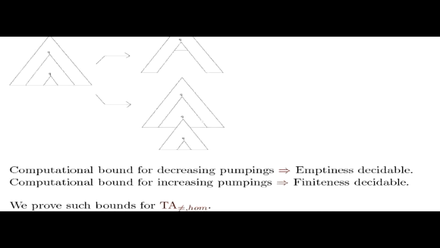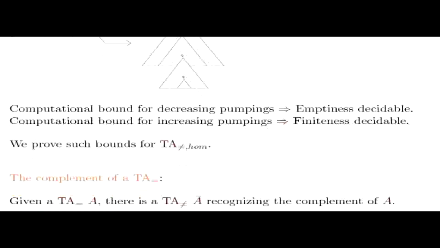This is done with an involved combinatorial argument, and I recommend to look at the paper for the details. We also show, for a given tree automaton with equality constraints, how to construct a tree automaton with inequality constraints recognizing the complementary language of the first. This construction is rather simple, but surprisingly it has not been stated before and has important consequences. Moreover, it is a key point for the decidability of A Hom.